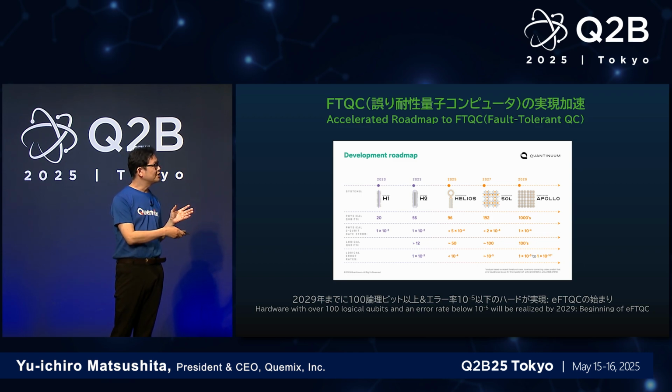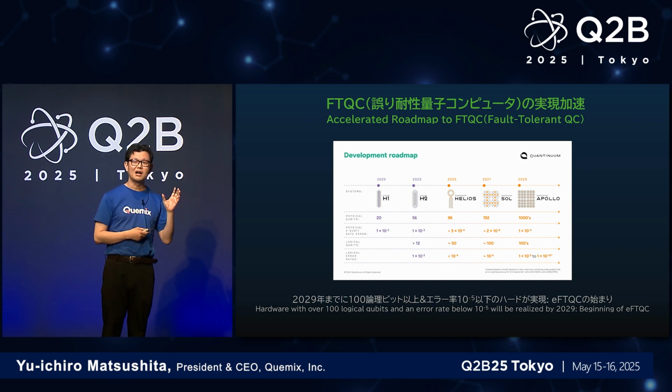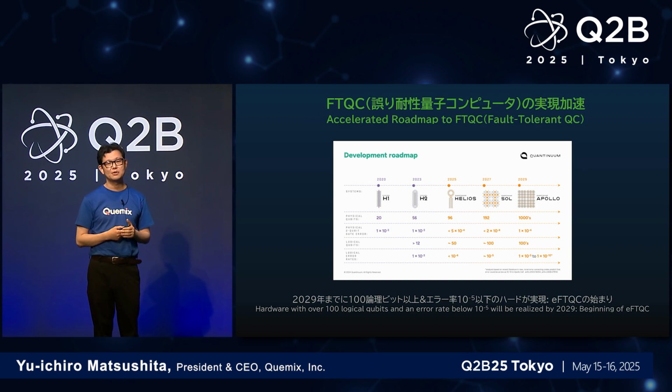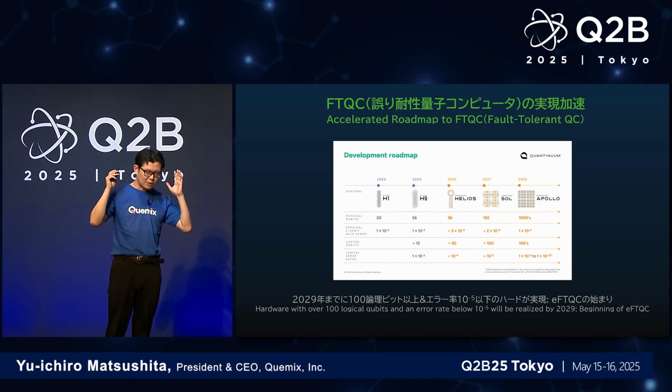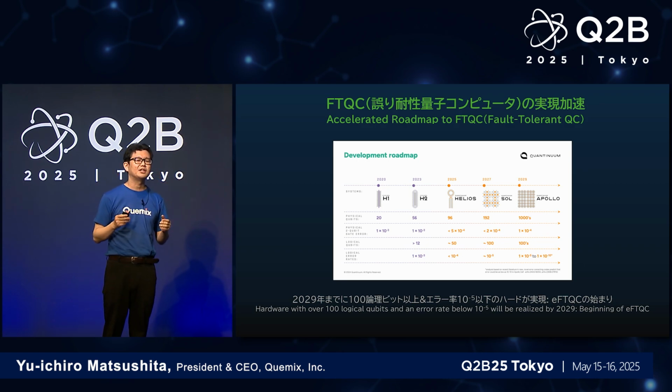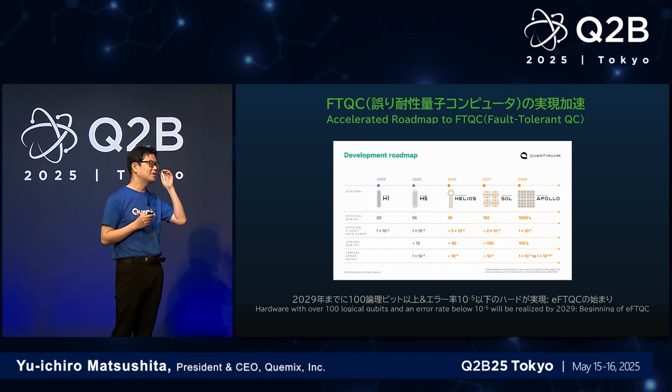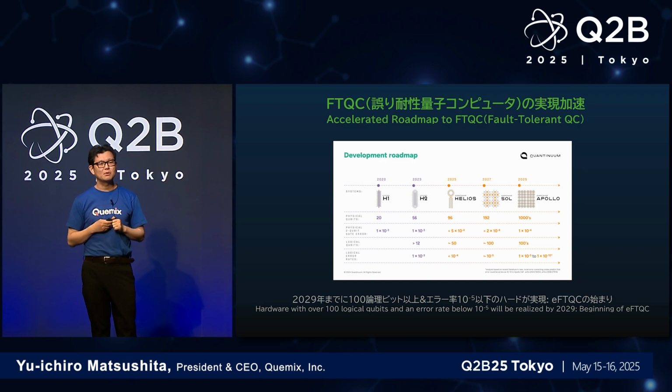Therefore, we are assuming that in 2029, we will enter at least early FTQC. On the flip side, we want to be ready with algorithms that can run on the eFTQC, such as this.